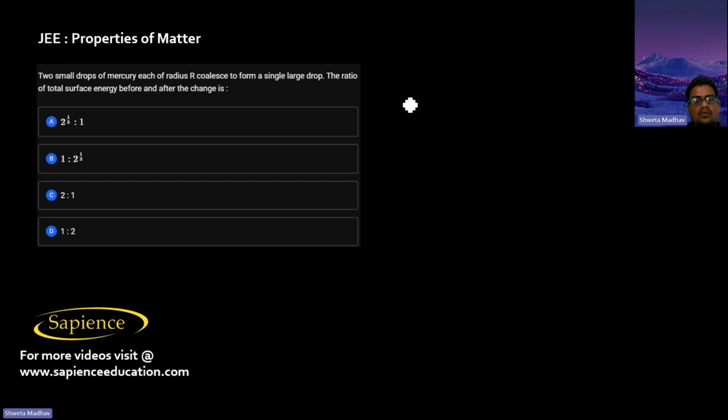So the total surface energy is given as the surface tension into the surface area.